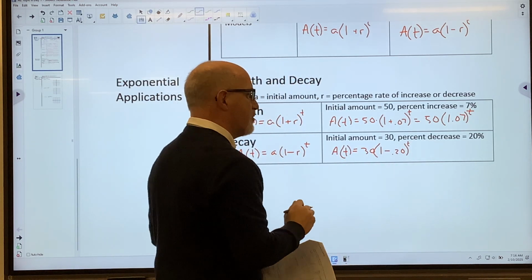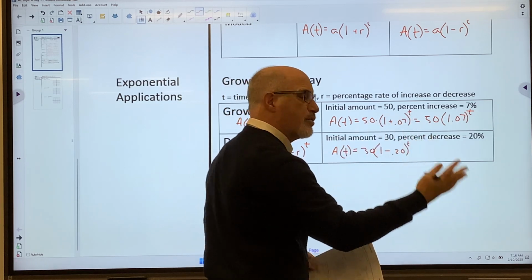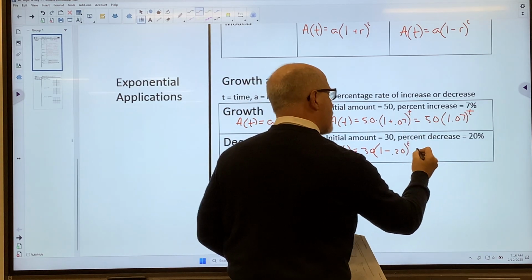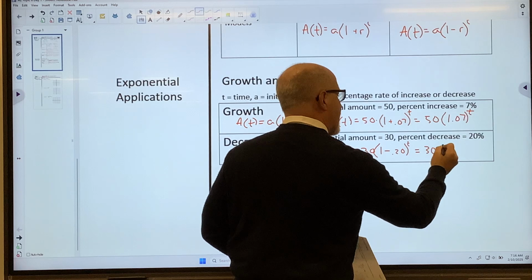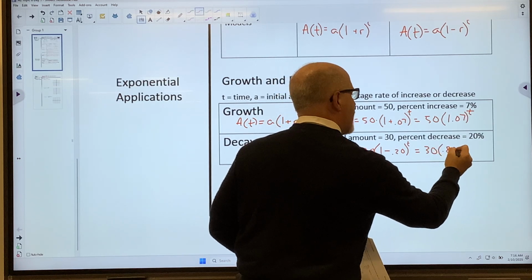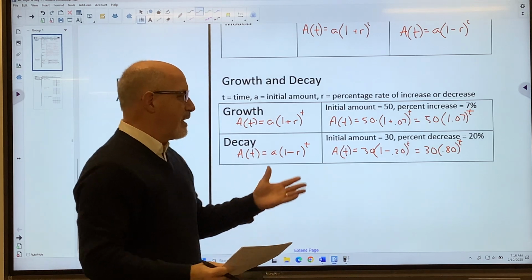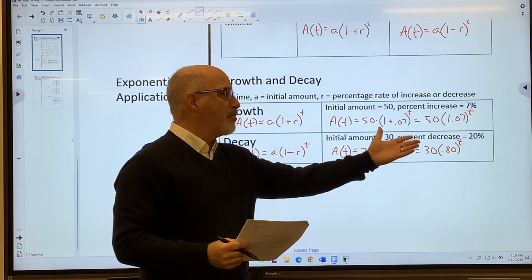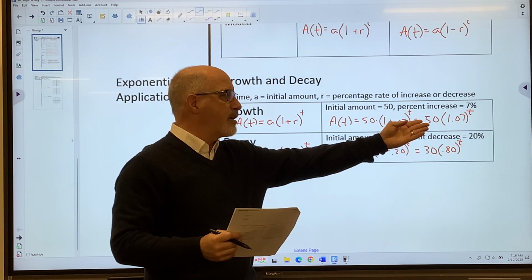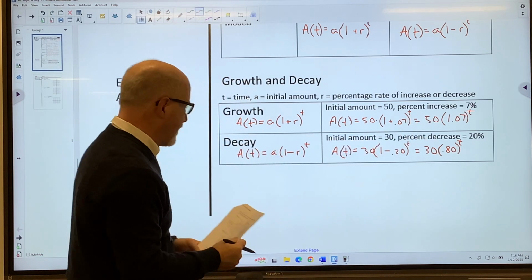That's minus 0.20. So if we lose 20%, that means we're going to be down to 80%. So we're going to have 0.80 to the t power. So that would be a decay problem, a decrease, whereas this is an increase because it's greater than 1.